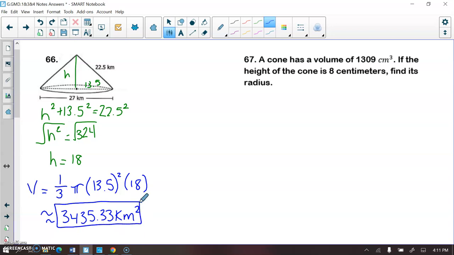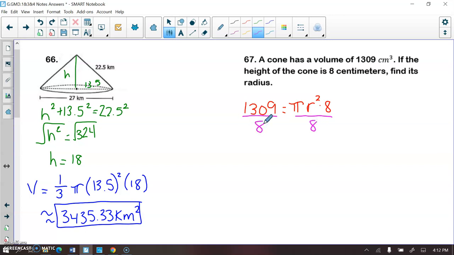I have a cone that has a volume of 1,309 centimeters cubed, and I have the height. I need to find the radius. So I'm going to set up my volume formula. My volume formula for a cone is pi r squared times my height. So what I'm going to do to solve for r is I'm going to divide by 8 first.